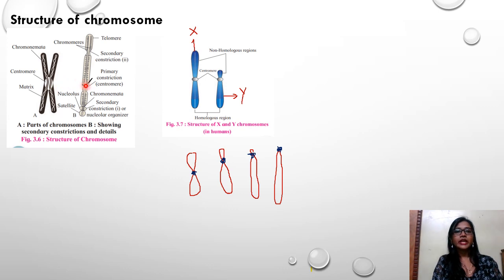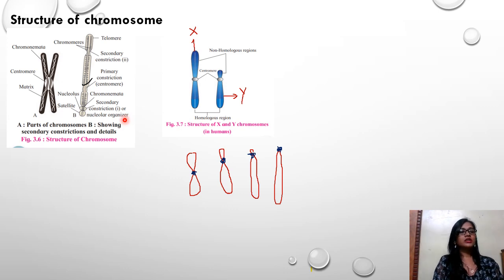Coming to the detailed structure of the chromosome, these are the parts: satellite and nuclear organizer, satellite constriction, secondary constriction, nucleolus, primary constriction, secondary constriction, chromomeres and telomere. If the question is asked on the structure of chromosome in detail, you have to draw both diagrams. If the diagrams are asked separately and you have to describe them, you have to write two points each. You have to describe each and every label of the chromosome.